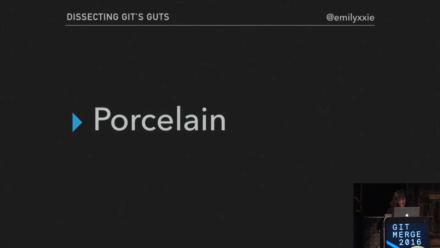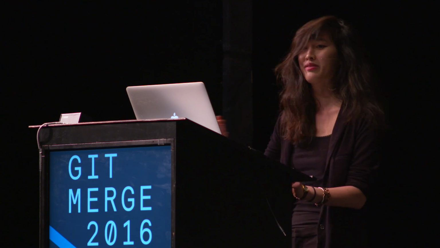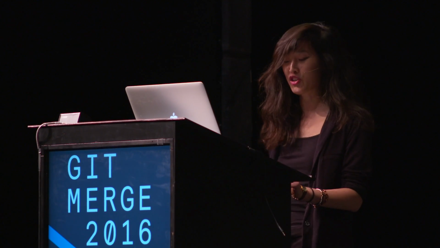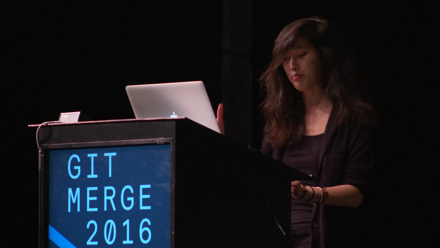And the way I'll approach this talk is with the assumption that you are familiar with Git porcelain commands. This is the term for all of the high-level commands that you as an end user interface with on a daily basis. So, git push, git pull, git log, git merge, and so on and so forth. And while we're on the topic of terminology, on the flip side, you have something called Git plumbing.